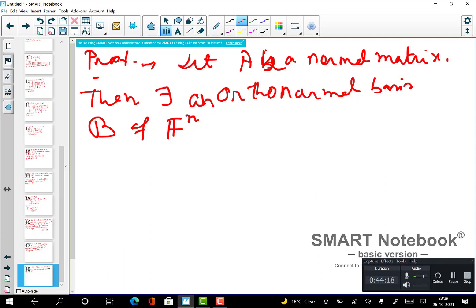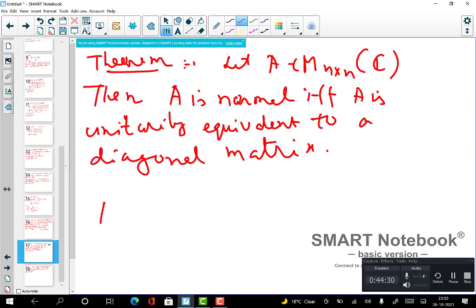Why am I saying Fn? Because this is an n cross n matrix, so A can be thought of as a map from Fn to Fn. In this case F equal to C, so A is a map from Cn to Cn.